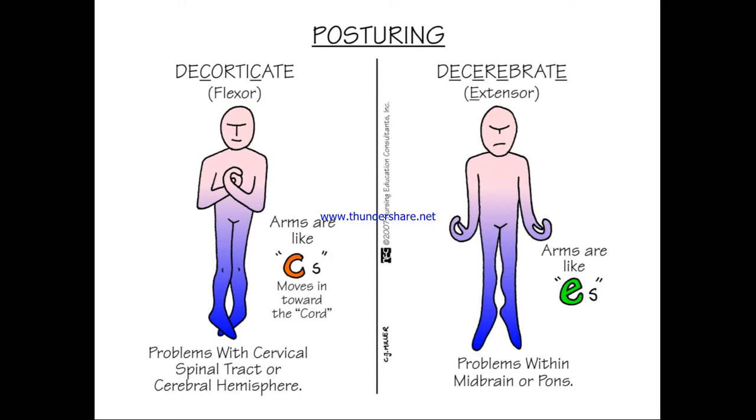And decorticate and decerebrate are the main two. So decorticate involves problems with the C-spine or the cerebral hemisphere. So I always remember that decorticate is not as bad as decerebrate, because decerebrate is a brainstem problem.